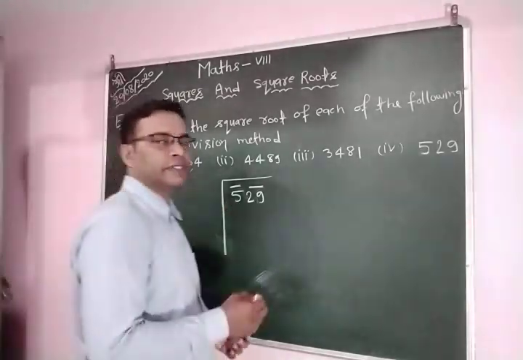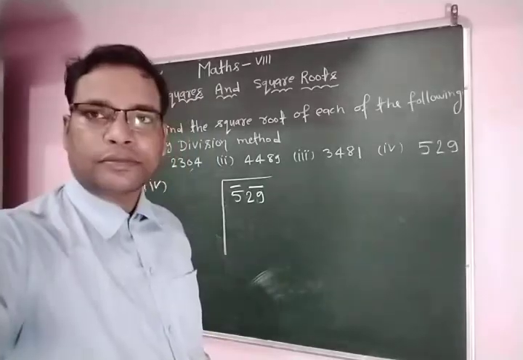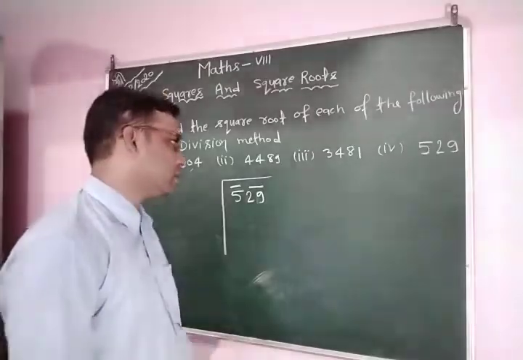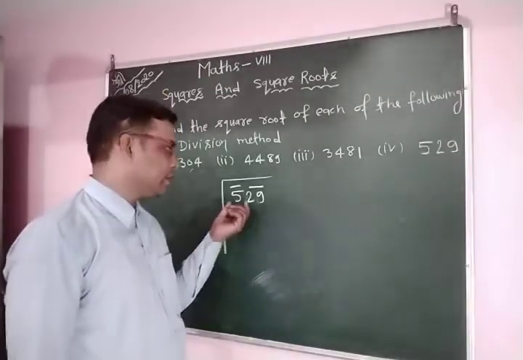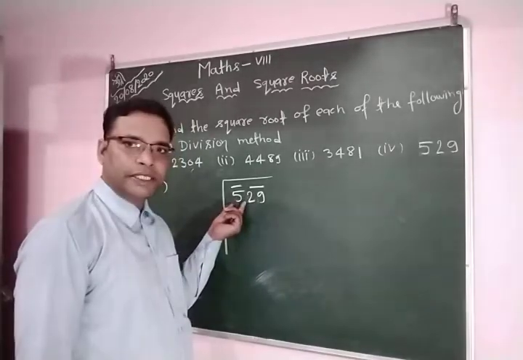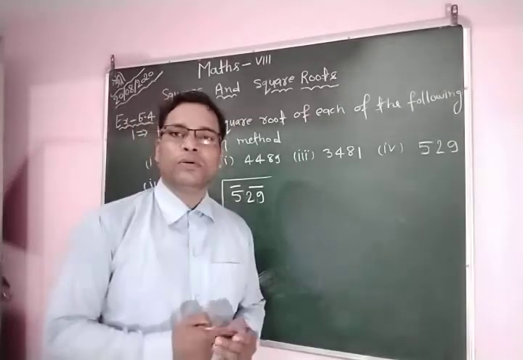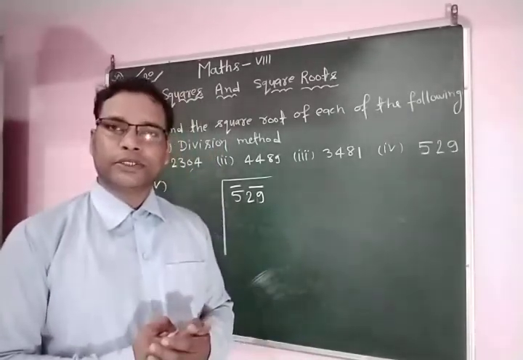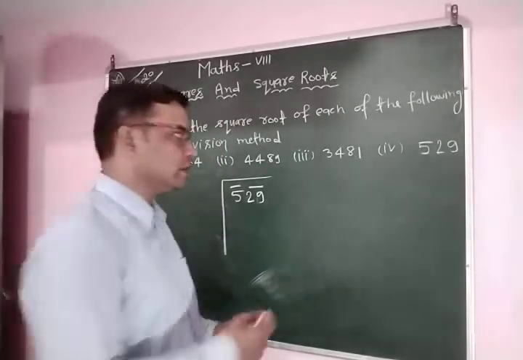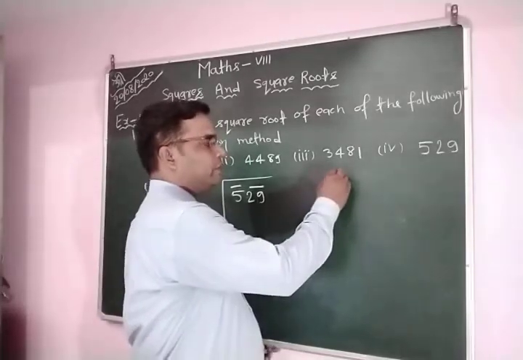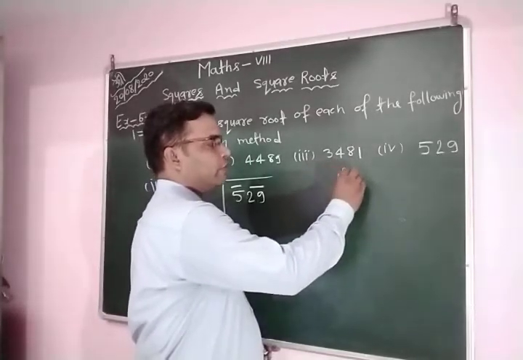So we take the extreme left digit, which is 5. We select a number whose square is less than or equal to 5. If you select 1, the square of 1 is 1.